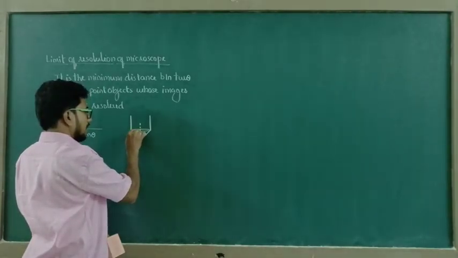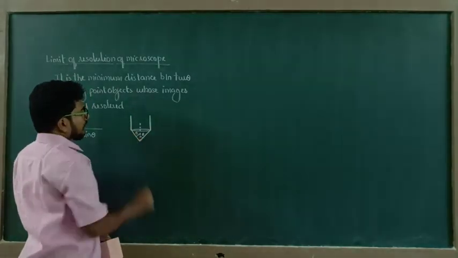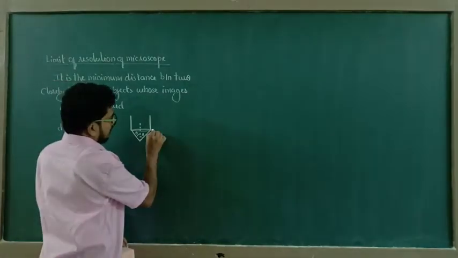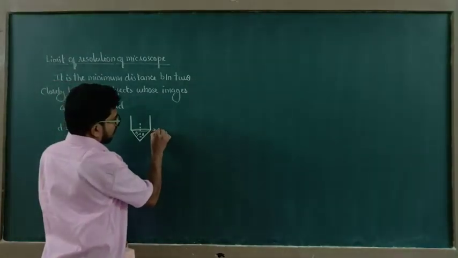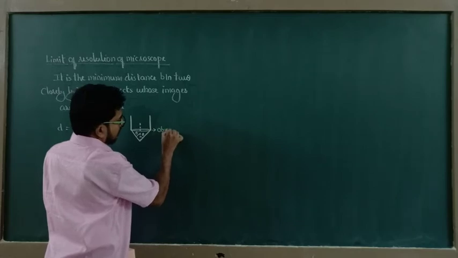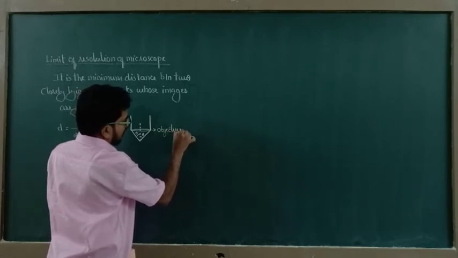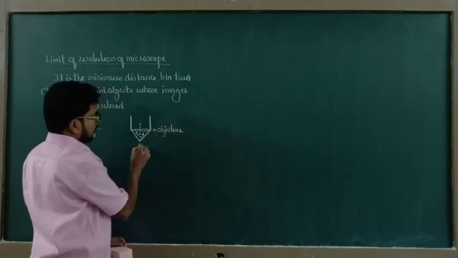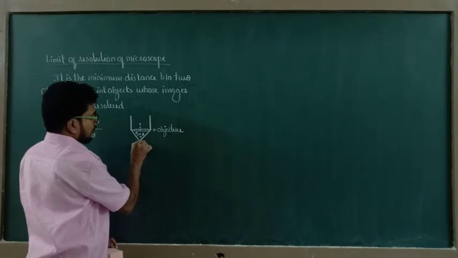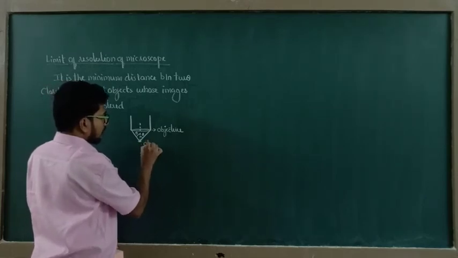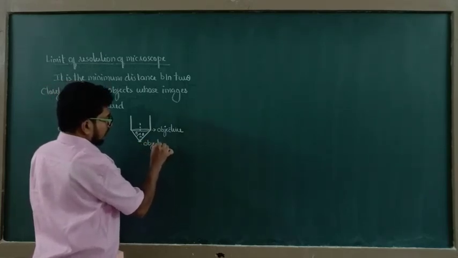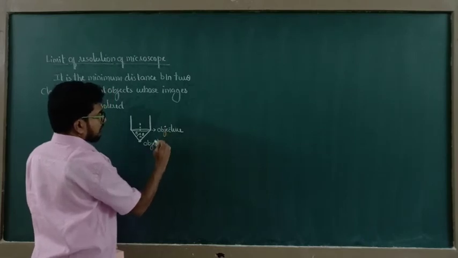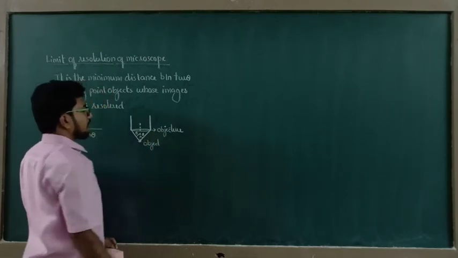Here theta is nothing but a semi-vertical angle. So this is the objective. Objective is nothing but a convex lens, the lens which is near to the object. This is our object. So this is the medium between object and objective.